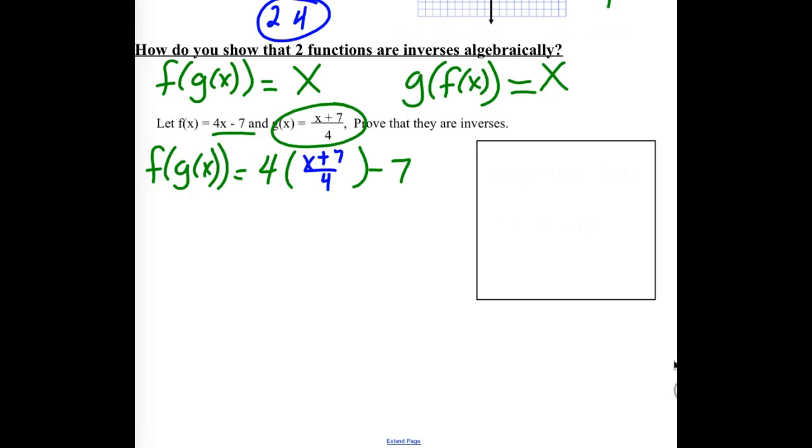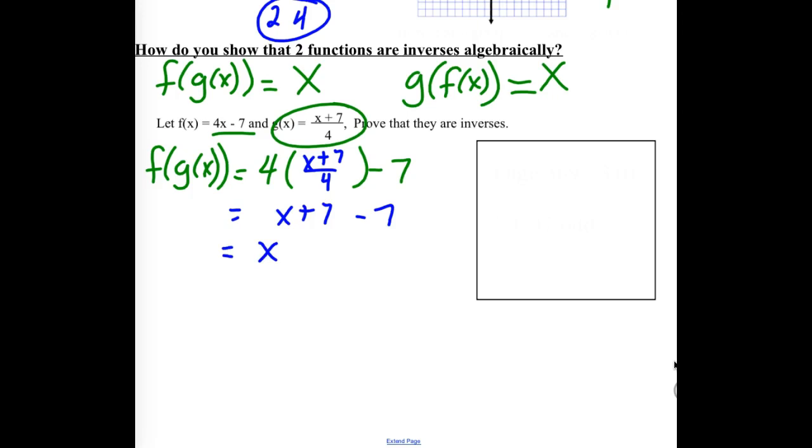We have this x plus 7 that's being divided by 4, and then we're turning around and timesing it by 4. So the first thing that cancels here is that the timesing and dividing by 4 undo each other. So that leaves me just an x plus 7 minus a 7. Now the 7's undo each other. I'm adding 7, I'm subtracting 7, and I'm going to end up with plain x.